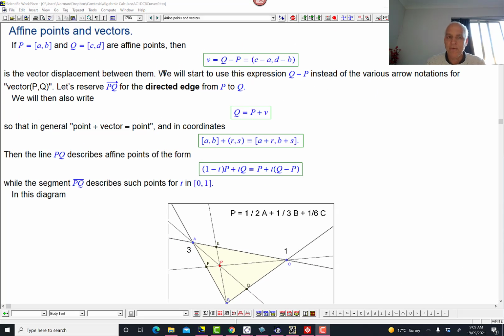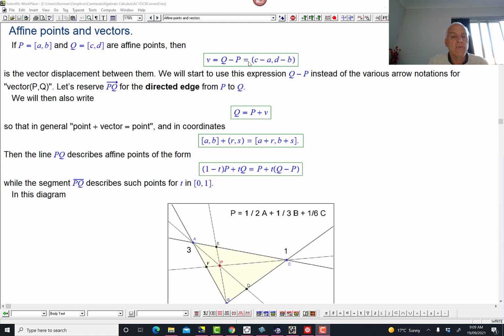Okay, so let's go to the arithmetic now, starting with affine points, which are given by pairs of numbers in square brackets. Say P is equal to [a, b] and Q equals [c, d]. Those are 2 affine points in some frame of reference. Then the vector between them, v, which we denote with round brackets, is given by the difference in the coordinates, so (c minus a, d minus b).